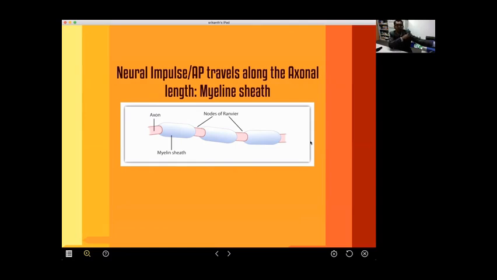It's called the axon hillock. From here, the message is transmitted all along the axon and goes all the way to the terminal button. And what helps this message to be transmitted quickly is this myelin sheath you see. It's like an insulator.